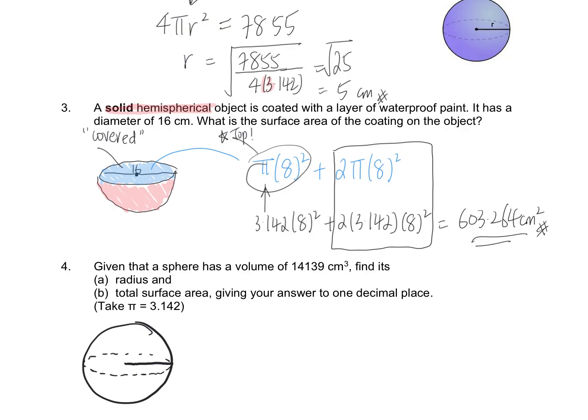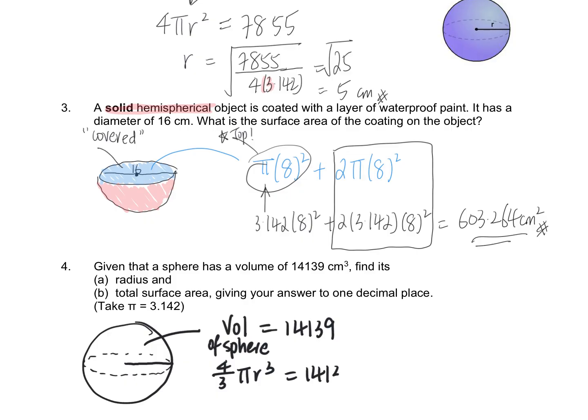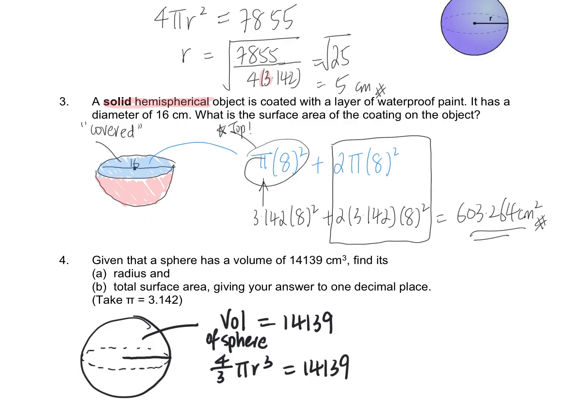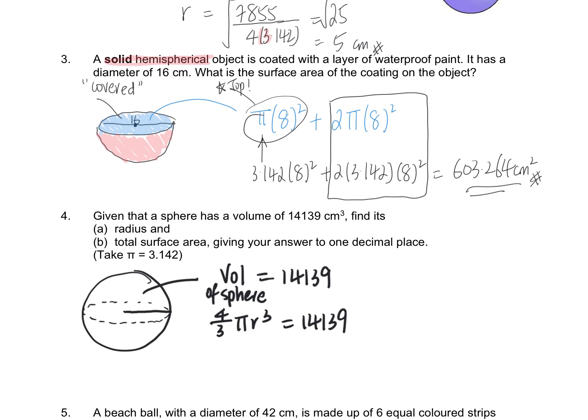Okay, sphere. The volume is 14139. So remember the volume of sphere, the formula is 4/3 pi r cubed. So put in the formula only. I know that my pi is 3.142. The question says so. I want to find what is r.